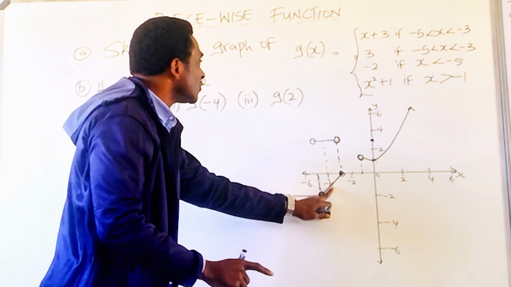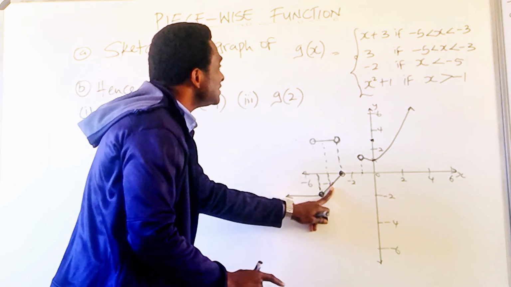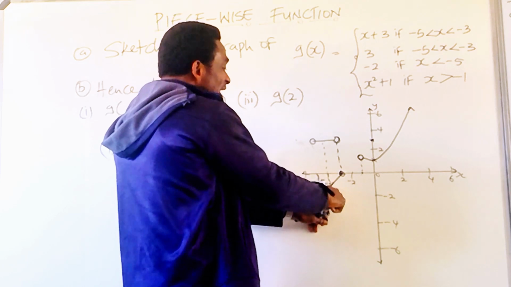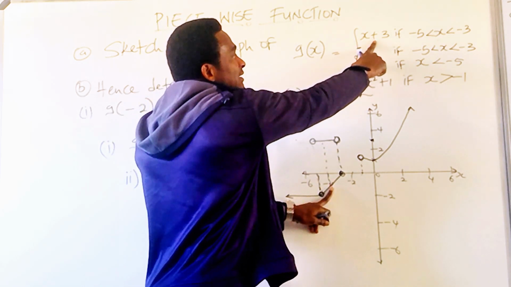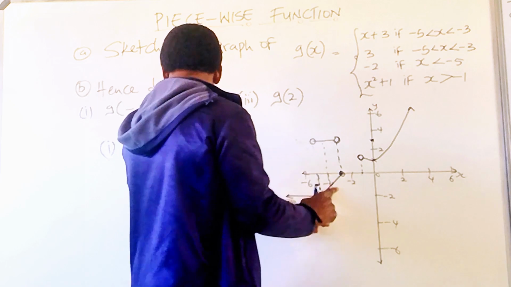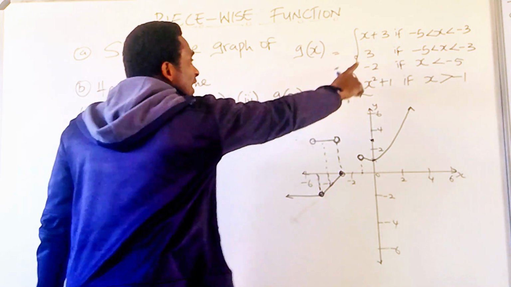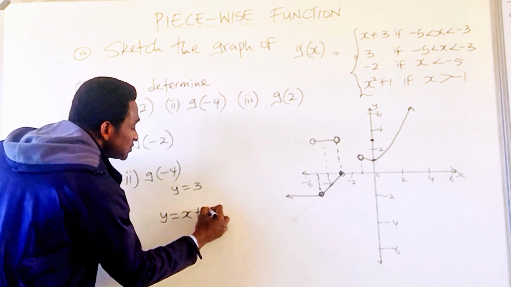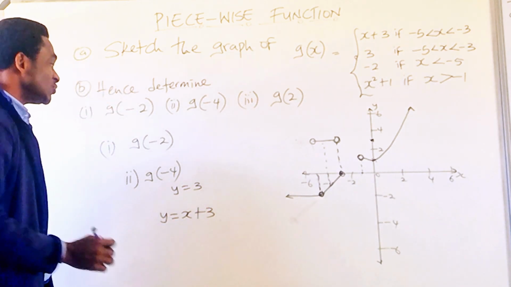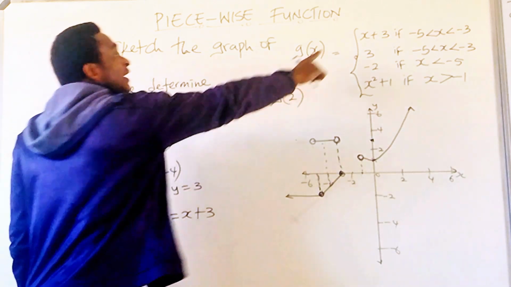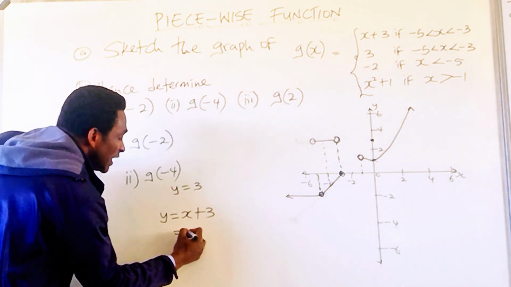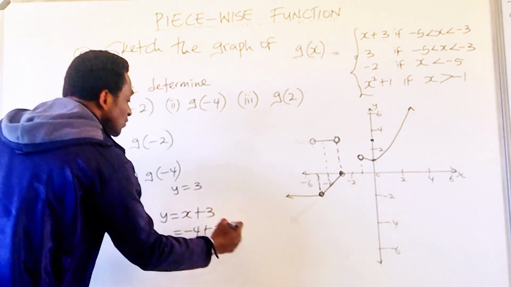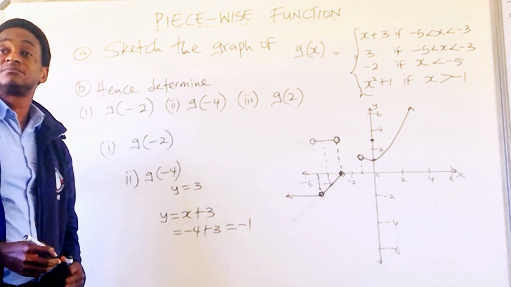The second one is the linear function x plus 3. So g of negative 4 applies to the linear function, so we have negative 4 plus 3. So g of negative 4 for the linear function will be negative 1.